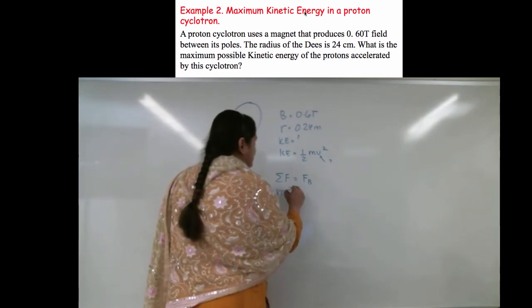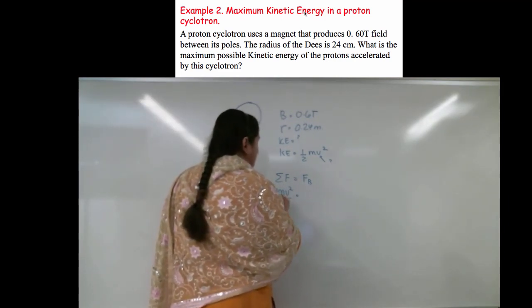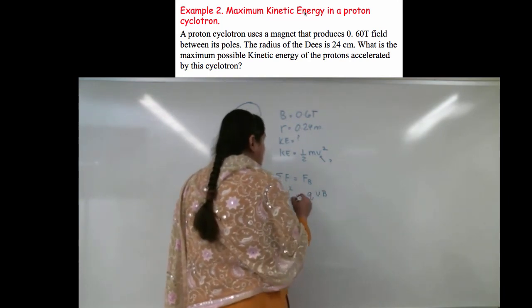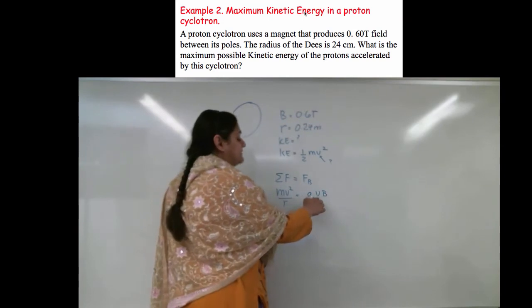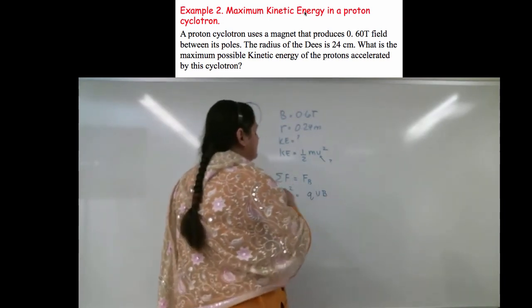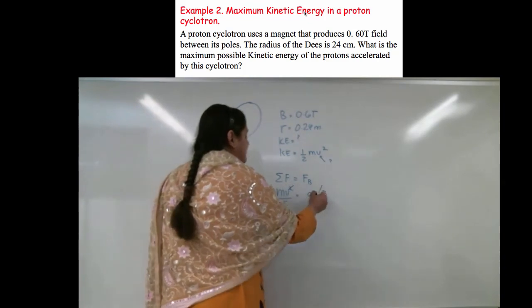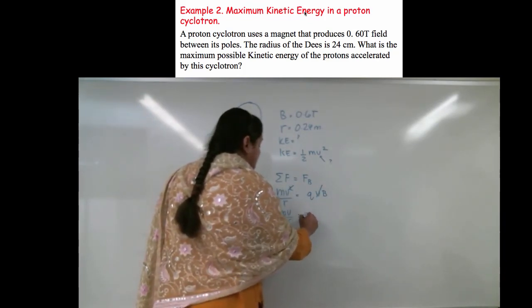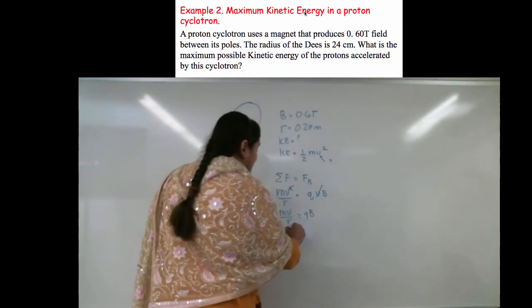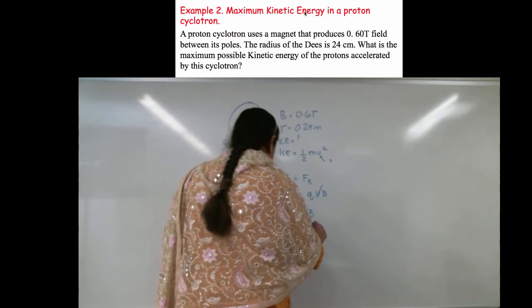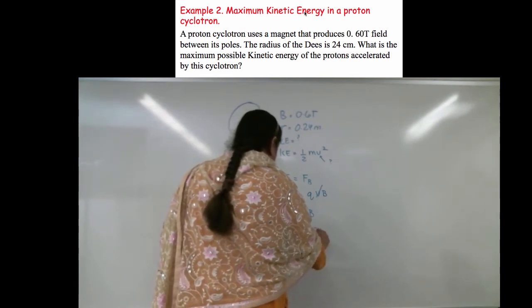Since it's moving in a circle, this should be mv squared over r, or qv cross B, but the angle between v and B is 90 degrees, so it reduces down to qvB. Okay, this gets cancelled. What do I have? mv over r equals qB, or v equals qBr over m.